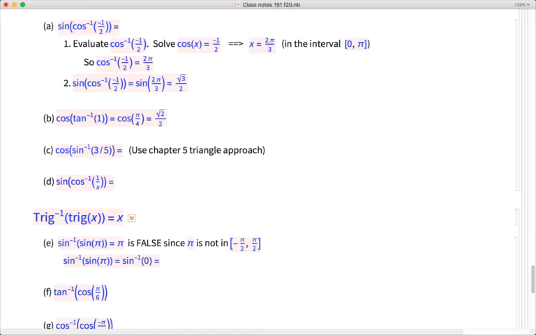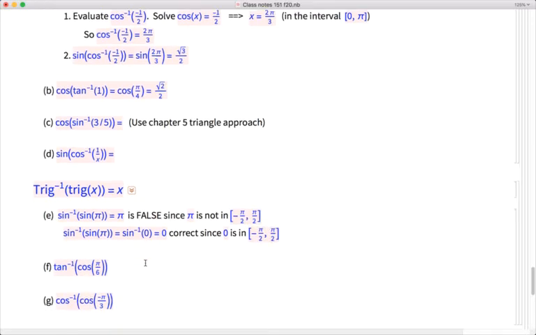We're looking for a terminal point that has y coordinate 0, and that comes out with the number 0. And this is correct, since 0 is in the agreed upon range for the inverse sine.